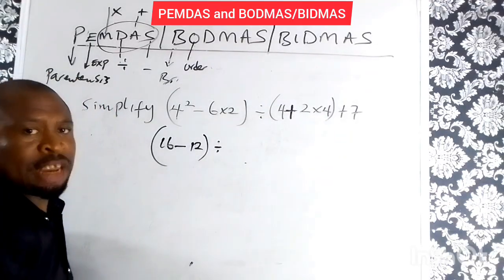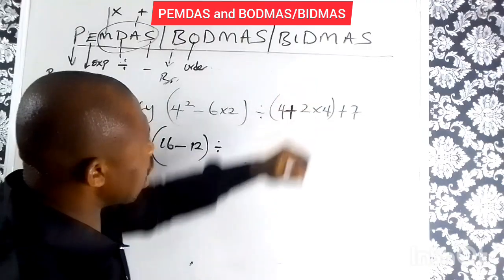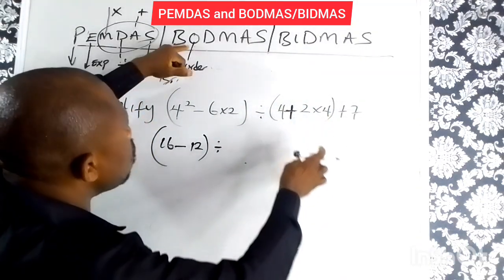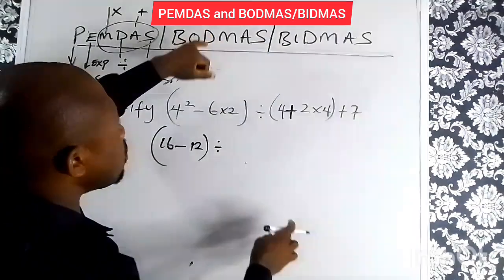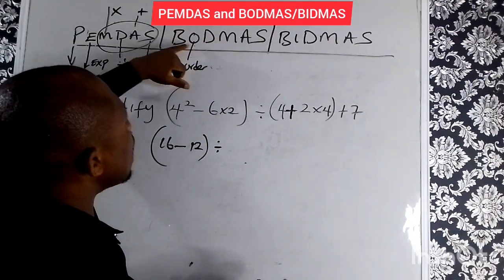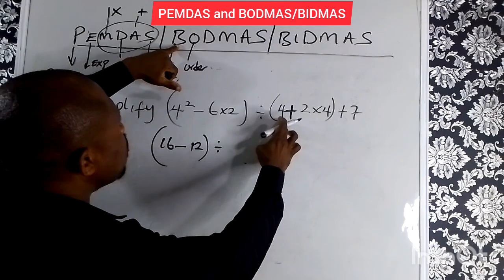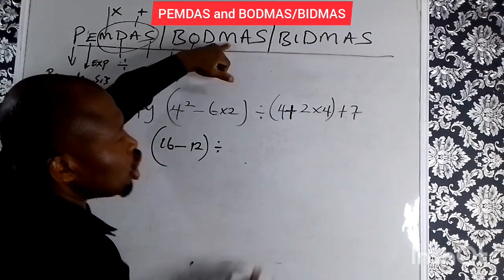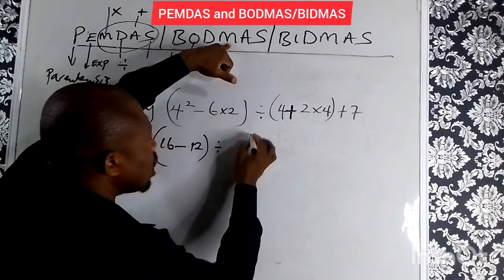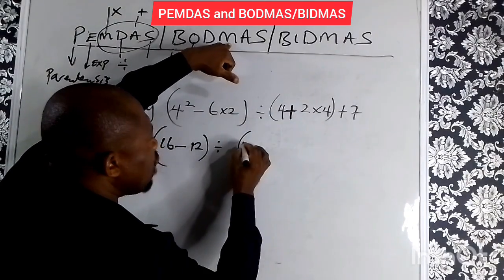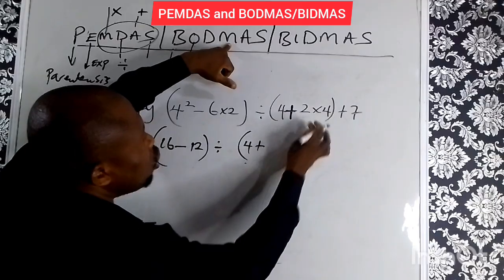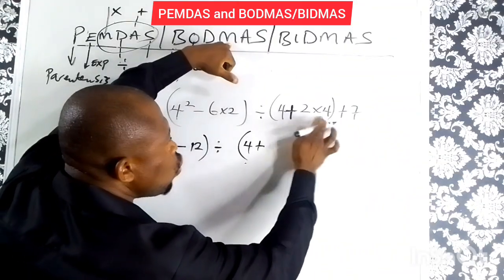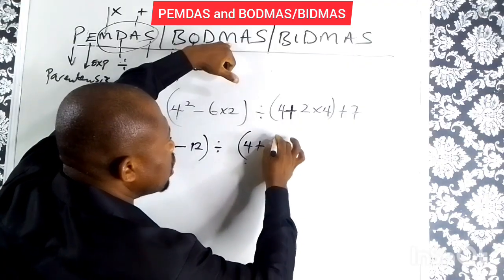If you take these brackets, inside this bracket there is no order, there is no division here, there is multiplication. So take multiplication first. Inside this bracket, we have 4 plus, the one that has multiplication is 2 times 4, which will give us 8, plus 7.